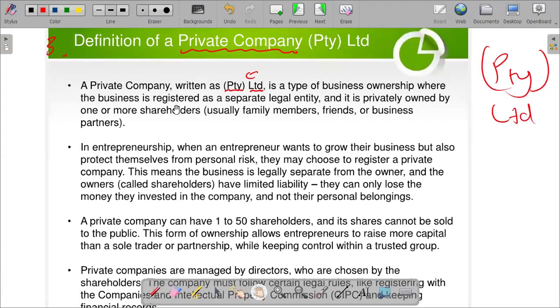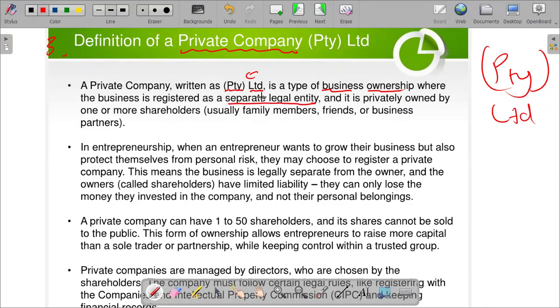A private company, written as PTY Ltd, which is proprietary limited, is a type of business ownership where the business is registered as a separate legal entity. Remember, we were talking about a non-separate and separate legal entity.